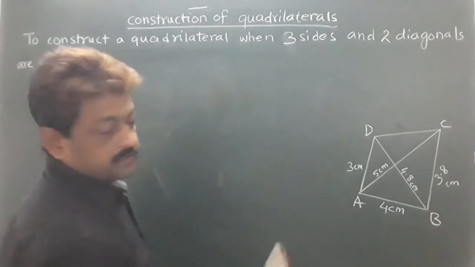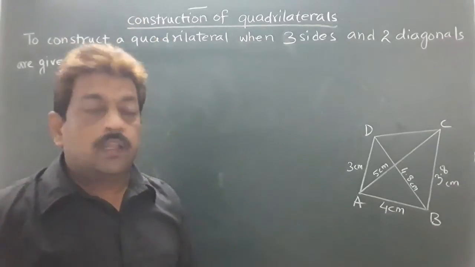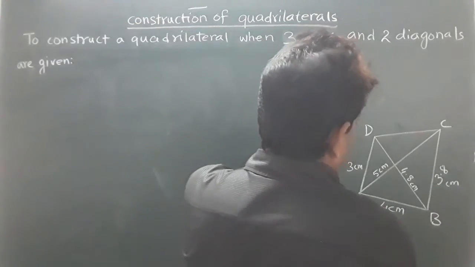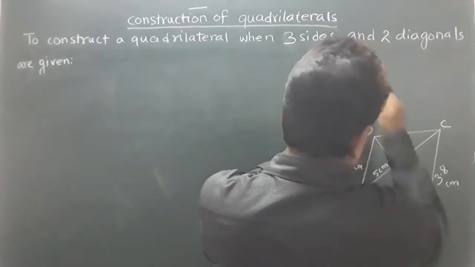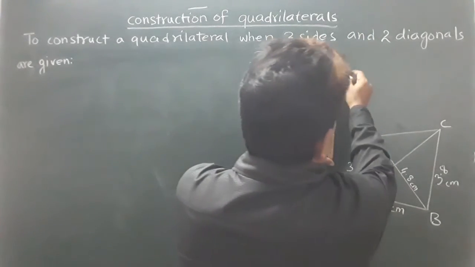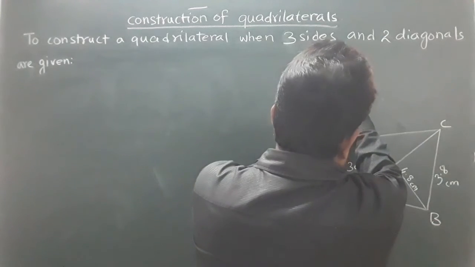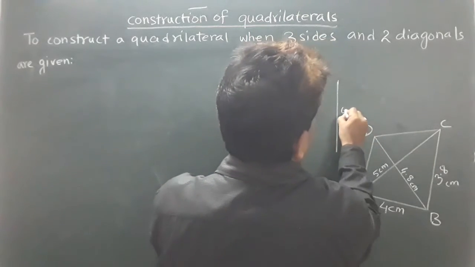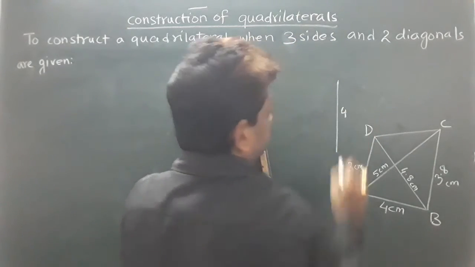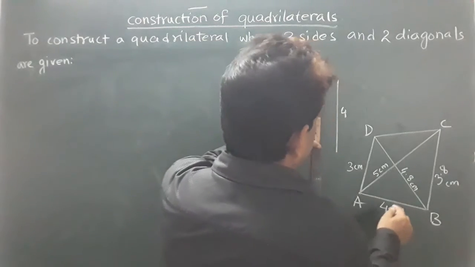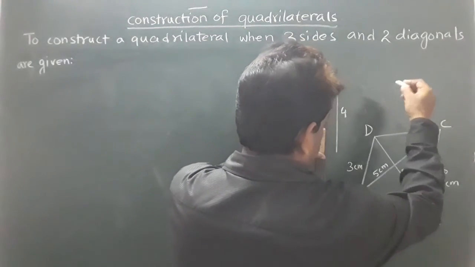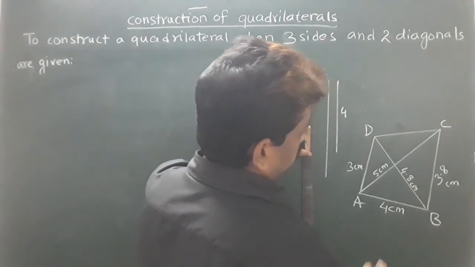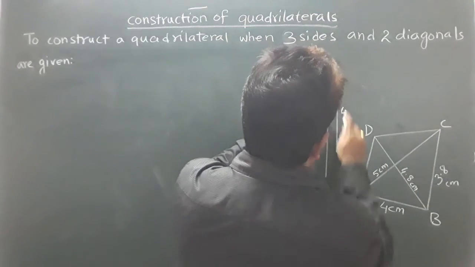So first of all, as I have told you, draw the accurate length of the sides which is given on the diagram. So first I shall draw AB. This is AB of length 4 cm. Then the diagonal AC 5 cm. Diagonal BD 4.8 cm.